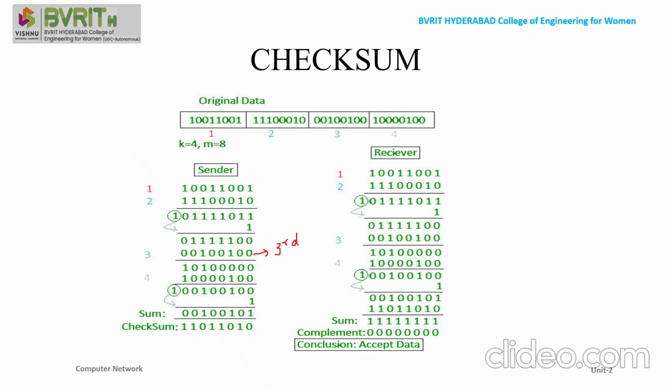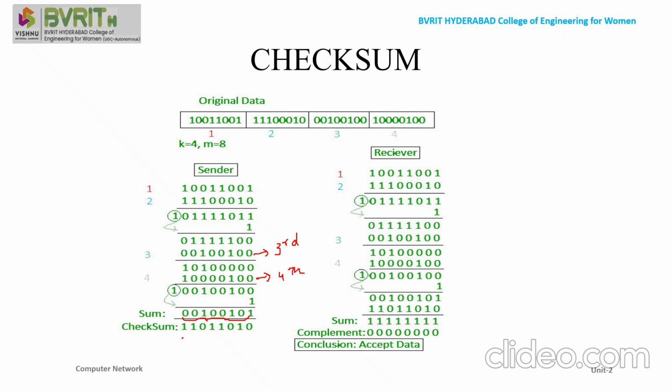Again we perform addition, and this is the fourth data unit. Whatever carry we get, we add once again, and this is the final value we got. The last step is that the result is complemented. So this is the checksum we are getting.